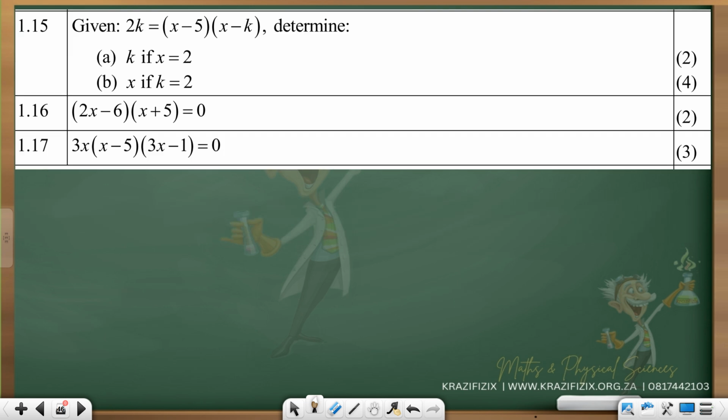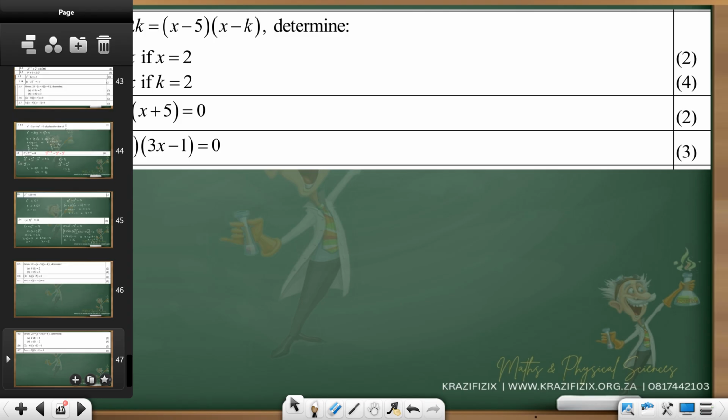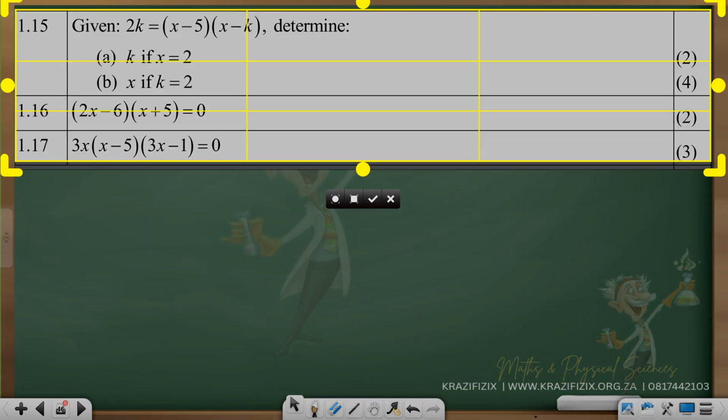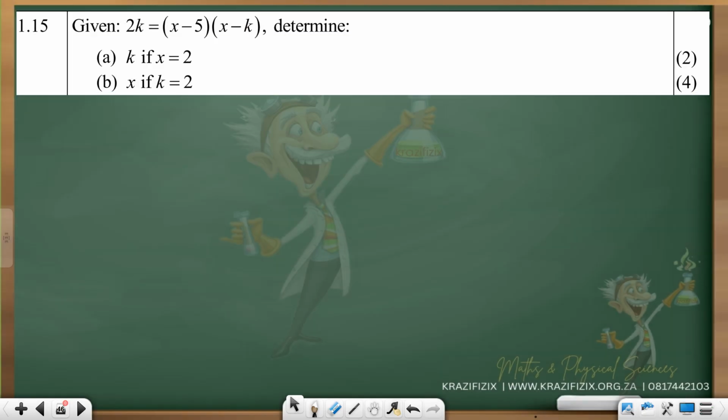Okay, this one, given that 2k is that, determine the value of k. I have to probably do this on two different pages. All right, let's do this one here.